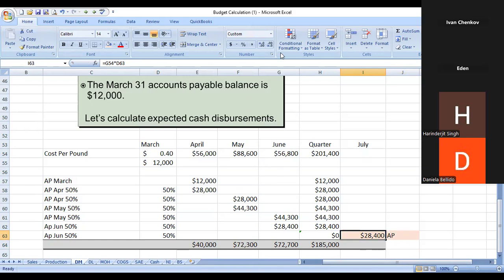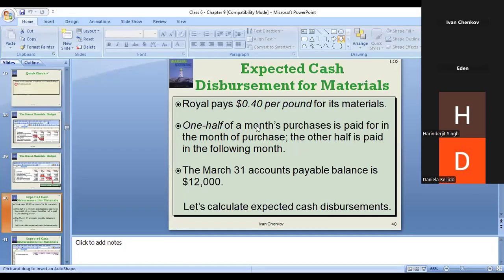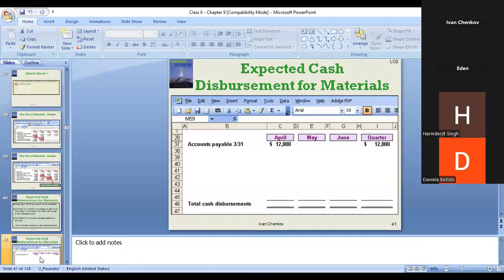So now let's go back to the slides and match the slides with our calculation. So again, 40 cents per pound, and we're paying 50% in the current month, 50% the next month. So in April, we're going to start with the payment of the outstanding balance from March.